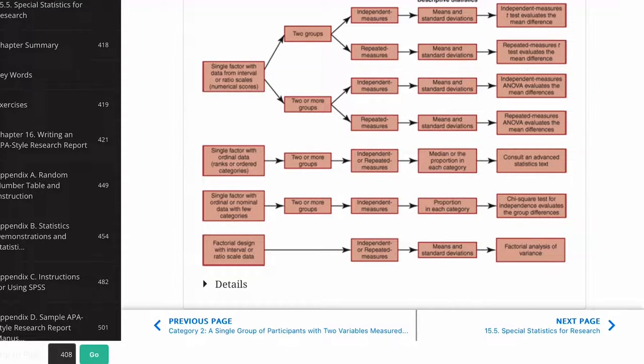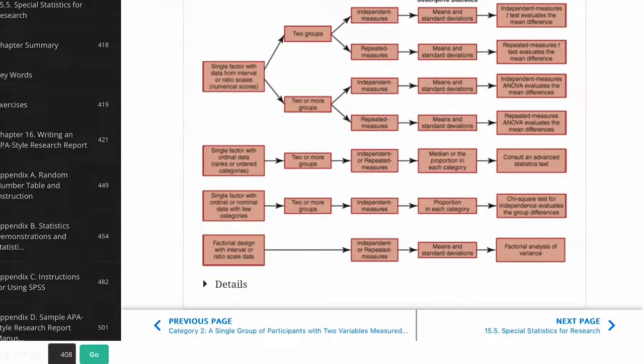If the same participants are in both groups, being measured more than once, that's repeated measures, okay? And then finally, you get to the fourth column where you actually get to the descriptive statistics you would use for each of those situations, and then the inferential tests or statistics that you would use for each of those situations.